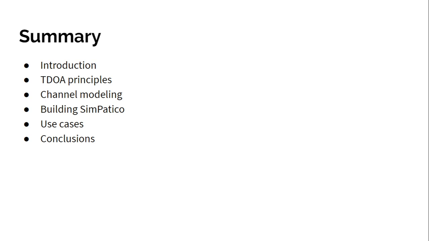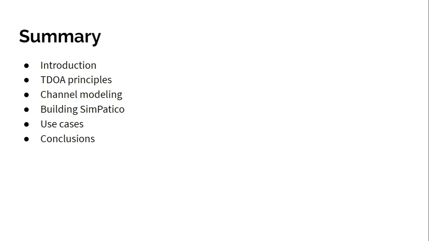Then I'm going to go through the mathematical formulation of the problem, how we can address some of the issues that we get from environmental conditions as well. And afterwards, I'm going to talk about the channel modeling, which is the distortions that we're going to apply over the signals, noise and reverberation. And then I'm going to expose some of the functionalities of the simulator.